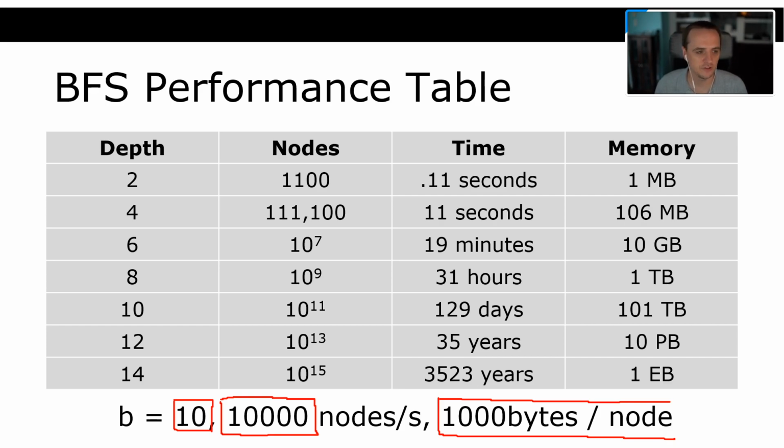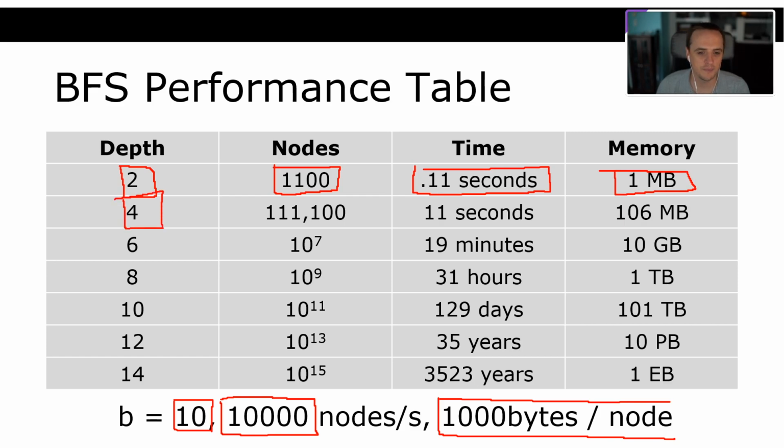We can do 10,000 nodes a second. That's pretty fast. We have a kilobyte per node, and we have a branching factor of 10. Well, if we go down to depth 2, the number of nodes we've generated, right? So we've generated 10, 10, 10 because it starts at 0, right? We've generated 1,100 nodes. It's taken us 1/10 of a second, and we've used a megabyte of memory.